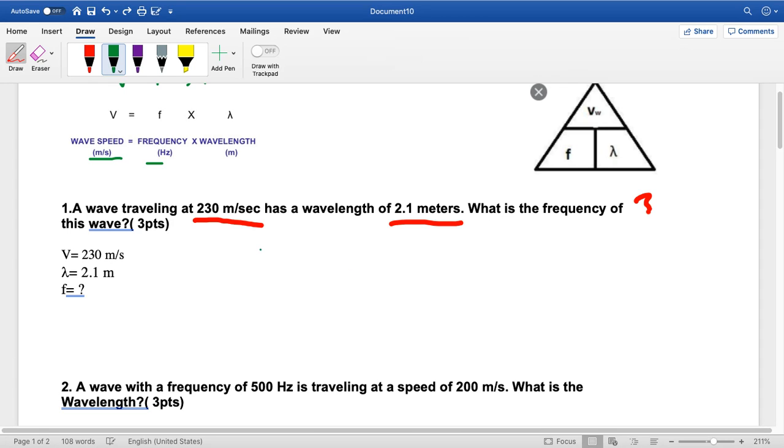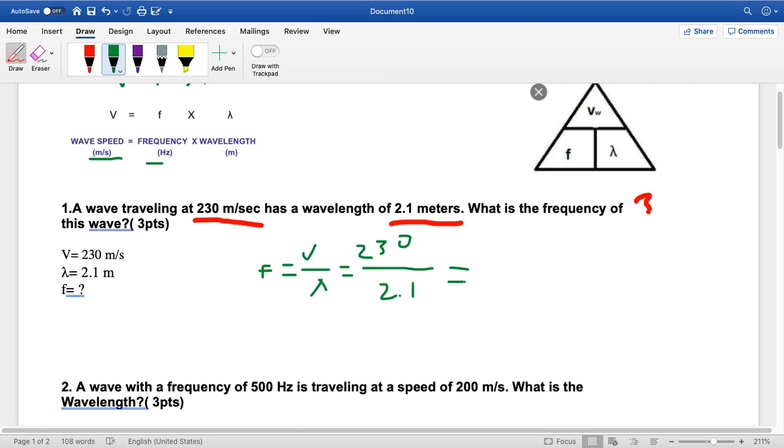So in other words, frequency is going to equal my speed divided by my wavelength. We can put units at the end. That's going to be 230 divided by 2.1. If you can, right now, pause the video and try to put that in your calculator, see if you get the same answer.